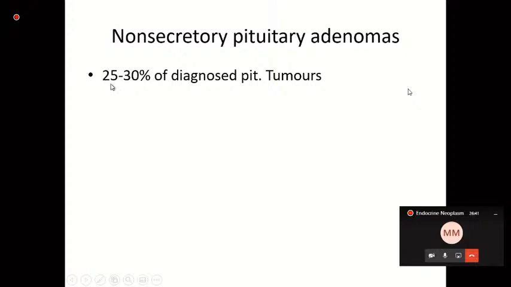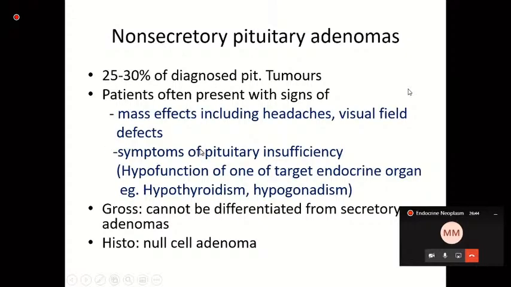Non-secretory pituitary adenoma, 20 to 30% diagnosed with pituitary adenoma. The patient presents with signs of mass effect. Why do we say mass effect? Because it is not a secreting tumor, so it grows.